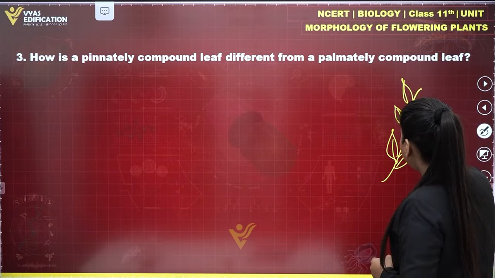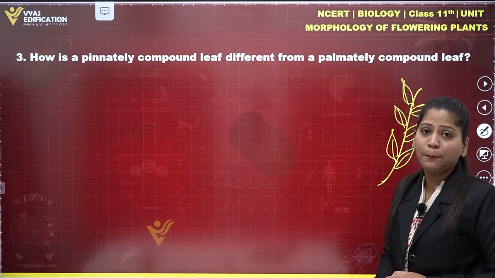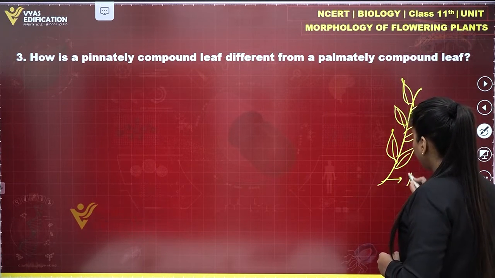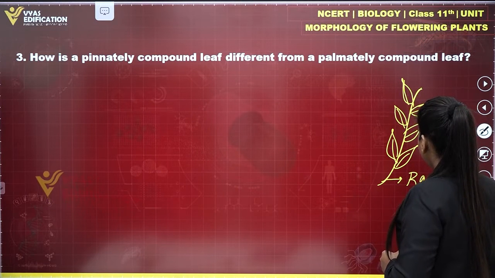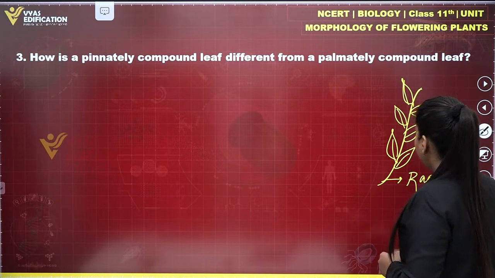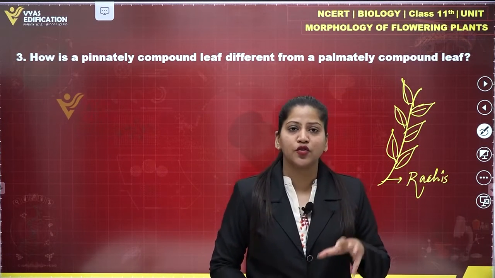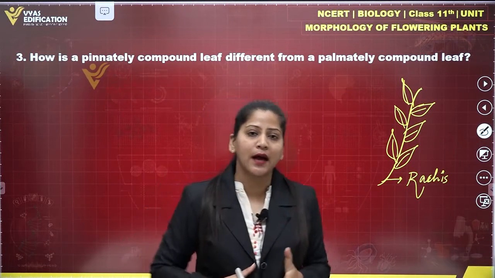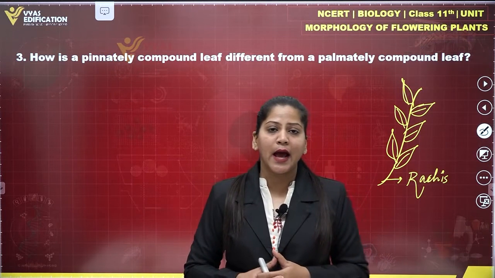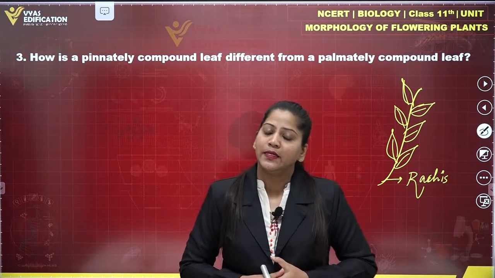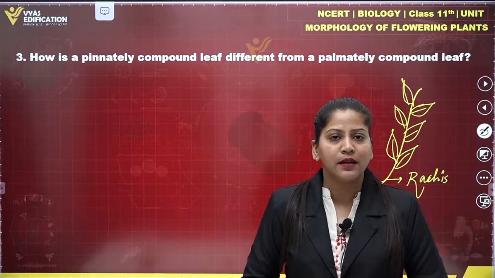So this common axis in pinnately compound leaves is known as rachis. Right? So in pinnately compound leaves, the leaflets are attached to a common axis, known as rachis. The example for that is neem.